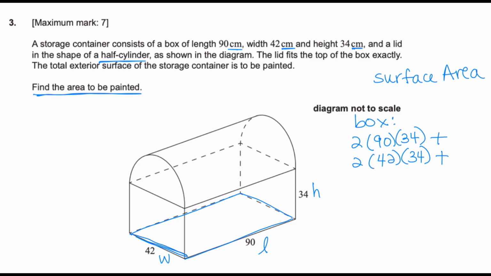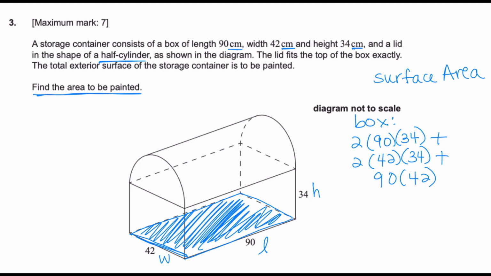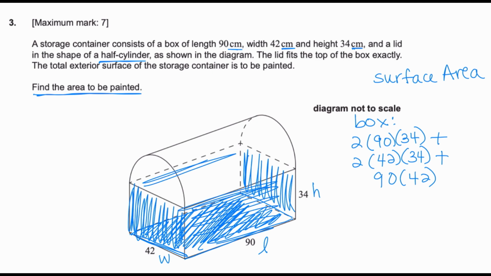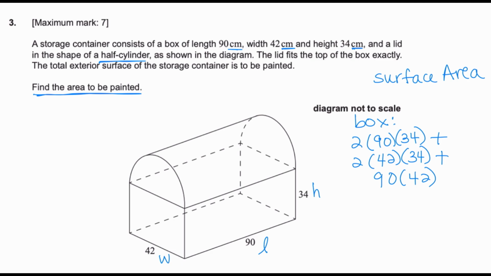So the bottom, there's only one of them, is going to be 90 times 42. So right now I've taken care of the bottom of this storage container. I've taken care of this side in the front, in the back, this side right here, and this side in the back. Okay, so right now I've taken care of everything that is the box of this storage container.